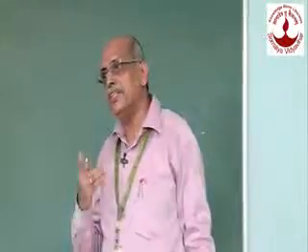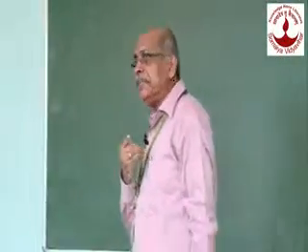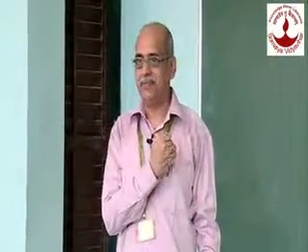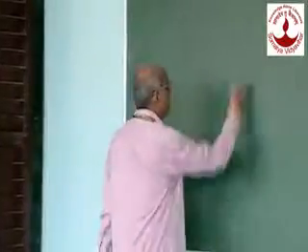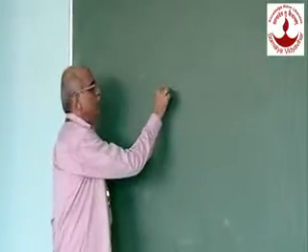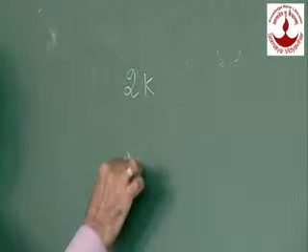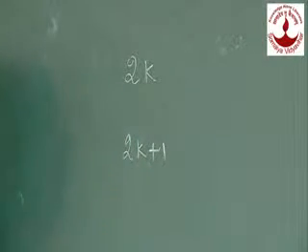But again the basic question is, is there a perfect rule to write the nth prime? See, for example, if you want to write the even numbers we can write in the form 2k. Odd numbers we can write in the form 2k plus 1.